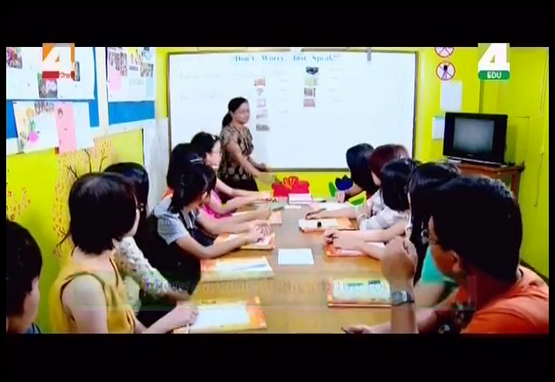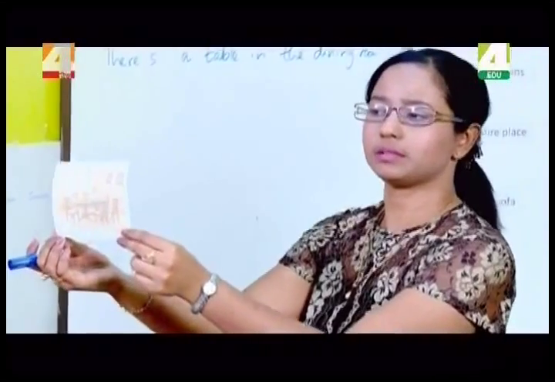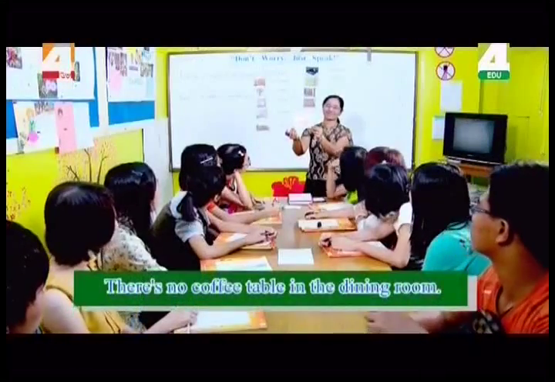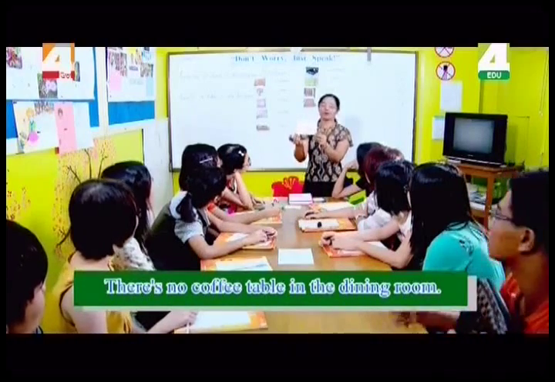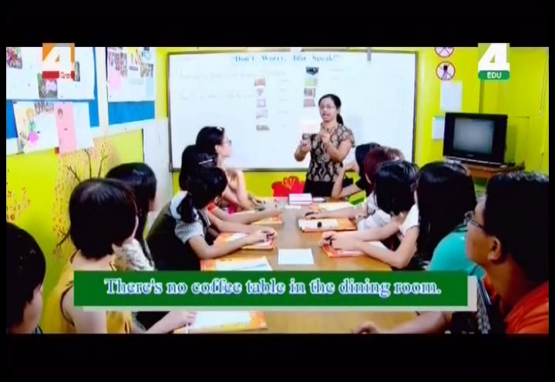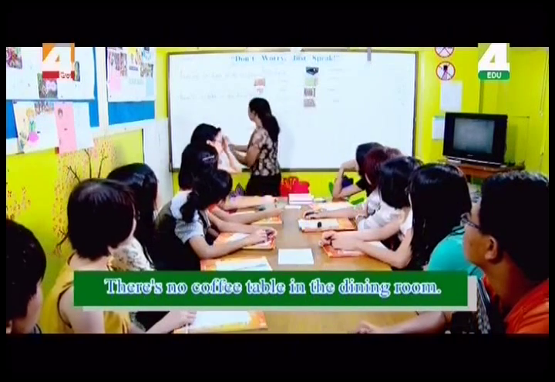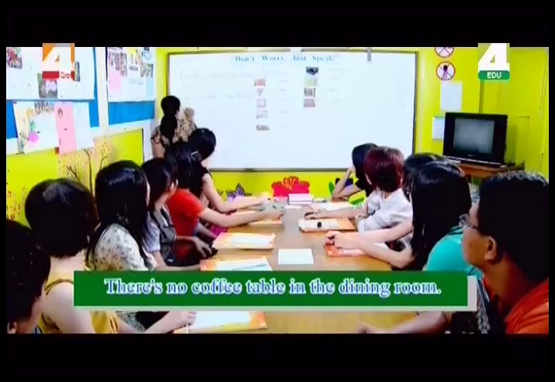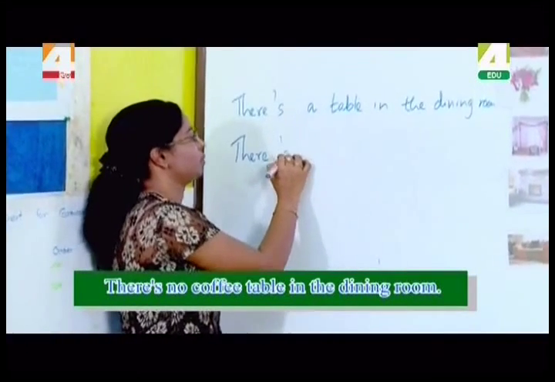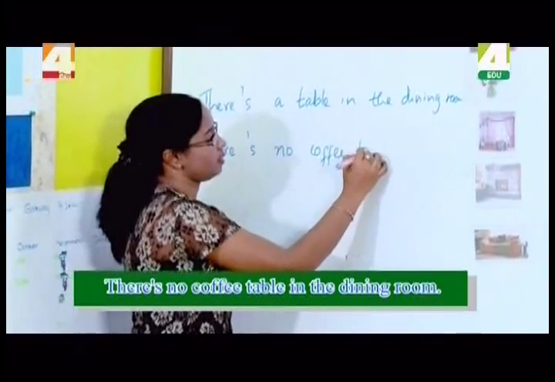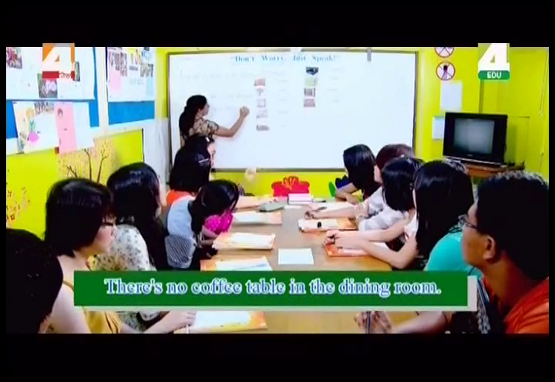Do you understand? Yes. So look at this picture carefully, and then I want to ask you, coffee table. How many coffee tables are there? There is no coffee table. Yeah, there is no coffee table. Did I mark a coffee table? So it is negative, right? We have to use the negative. So how will you say it? There's no coffee table in the dining room.